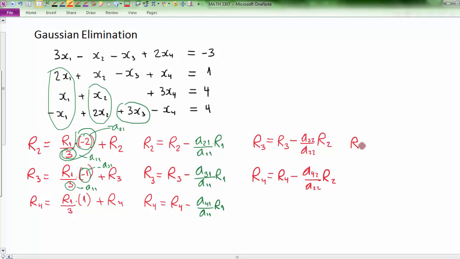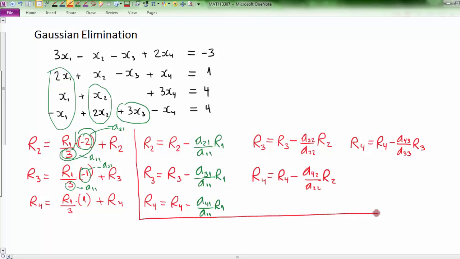So row 4 will be row 4 minus, then we divide the entire row 3 by that coefficient right here, which is A33, and multiply by the opposite of this number, that is A43. And that's multiplied to row 3. Okay, so this is pretty much the elimination.